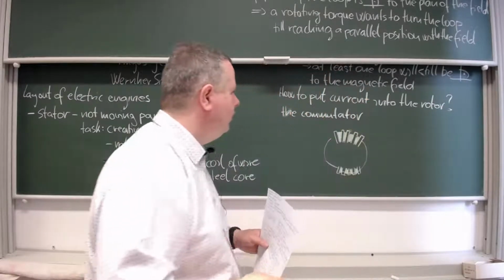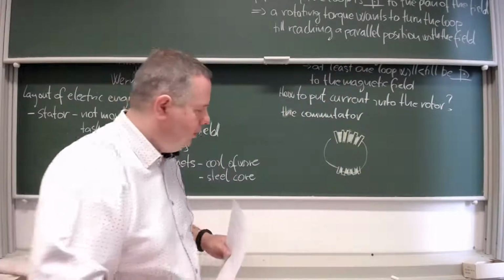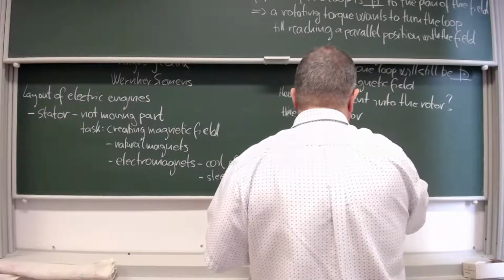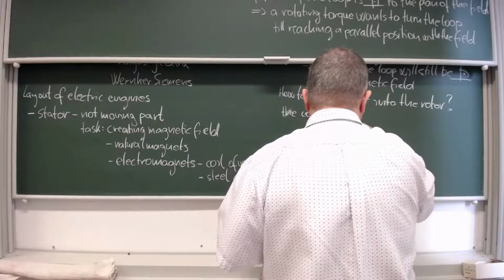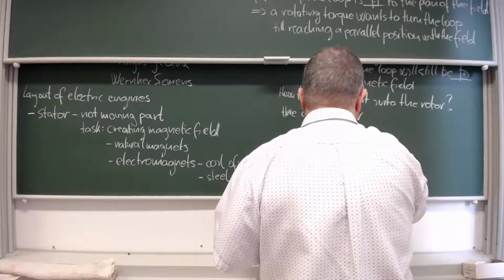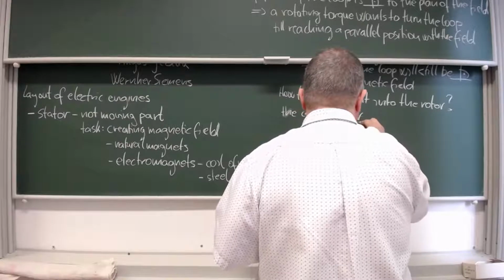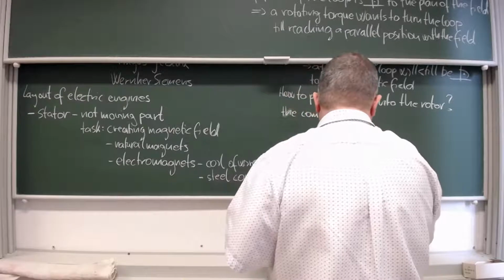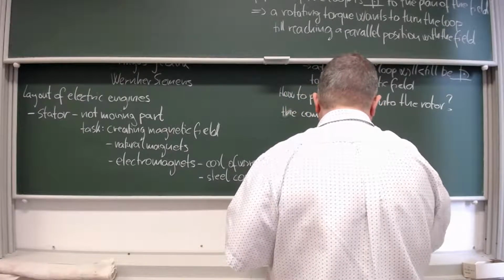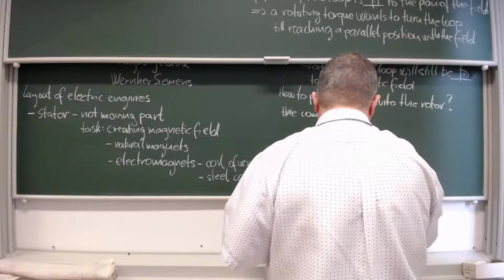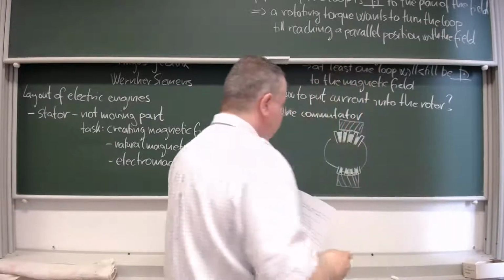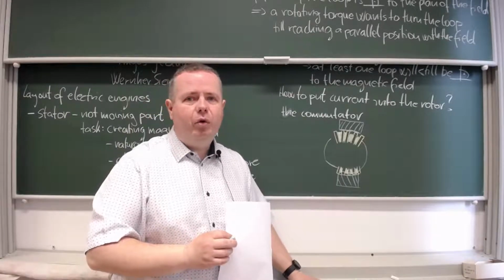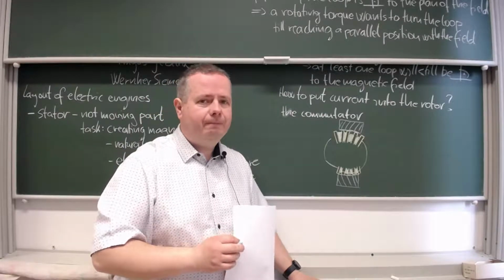And how you put the current in? You put the current in using carbon brushes. Carbon brush is nothing else than a piece of pure carbon. This is a carbon brush here. And the second one is below, let's hope. The second carbon brush and the first carbon brush are linked to the power source, source of electricity.